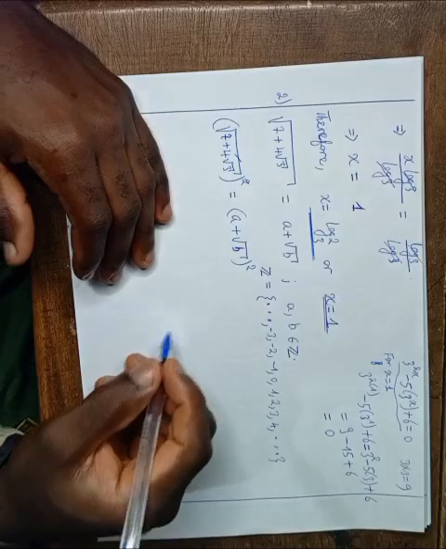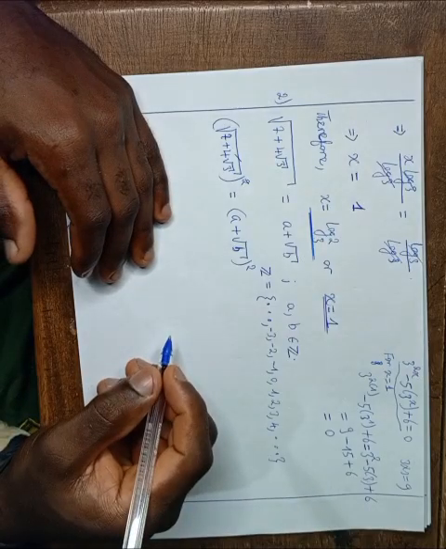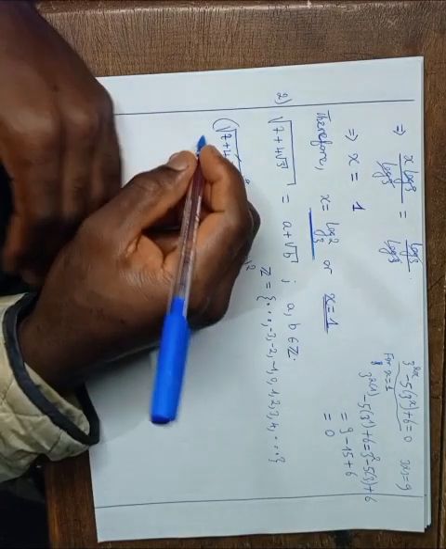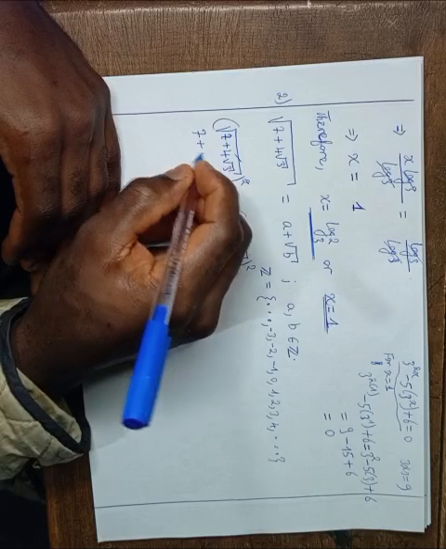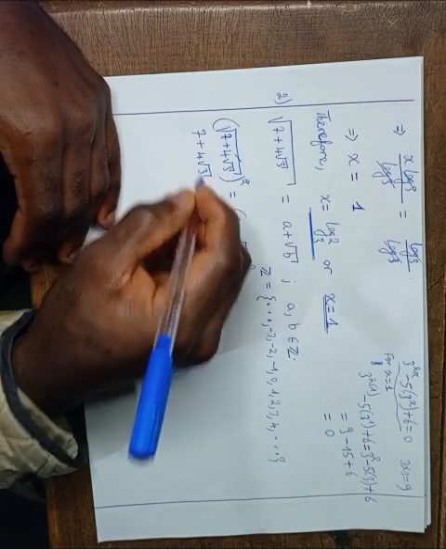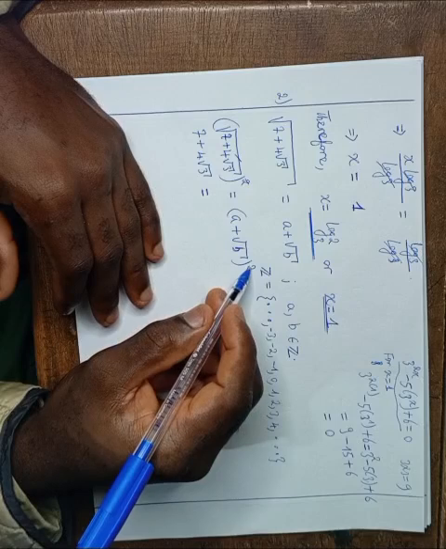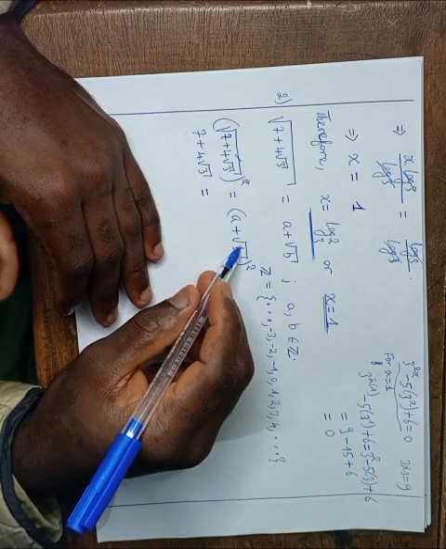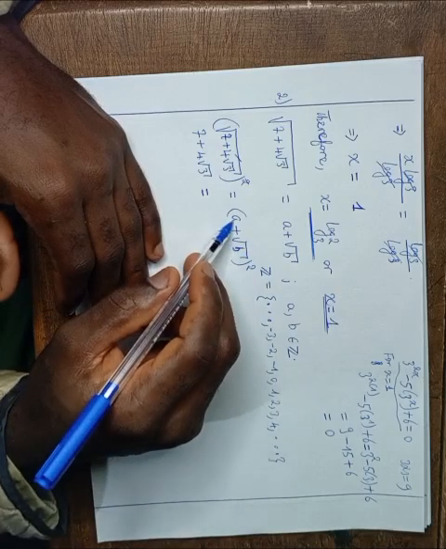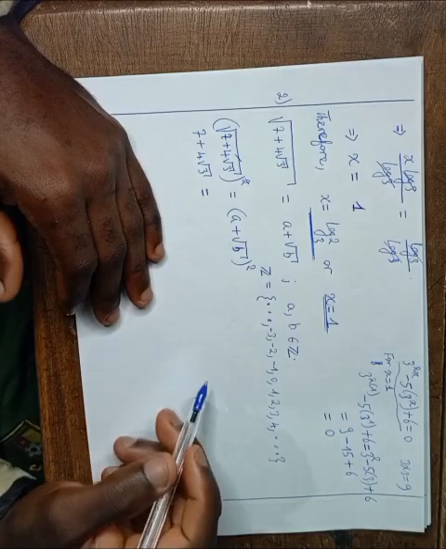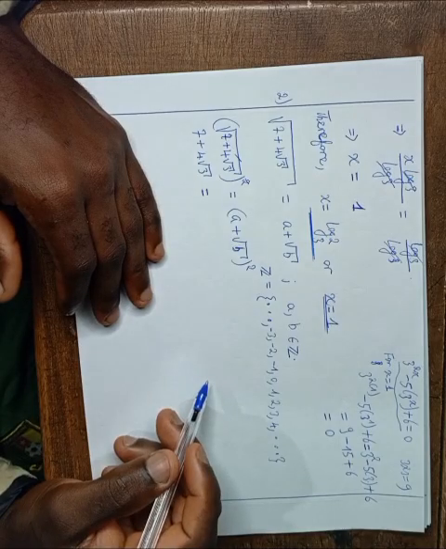This and this will cancel. This will give us 7 plus 4 root 3 is equal to, in this case, we cannot say this square will cancel the square root sign on b. What of a? A is outside the square root sign, so it is not true.